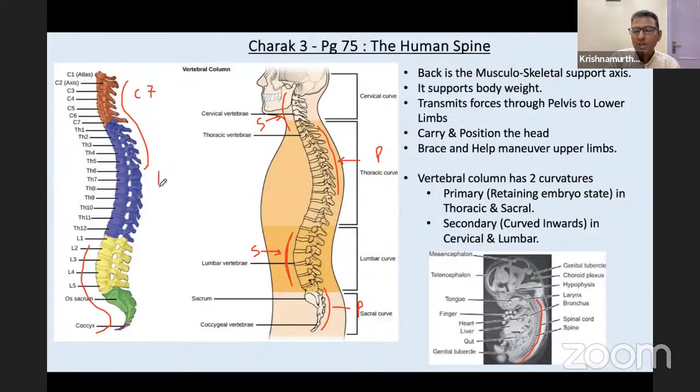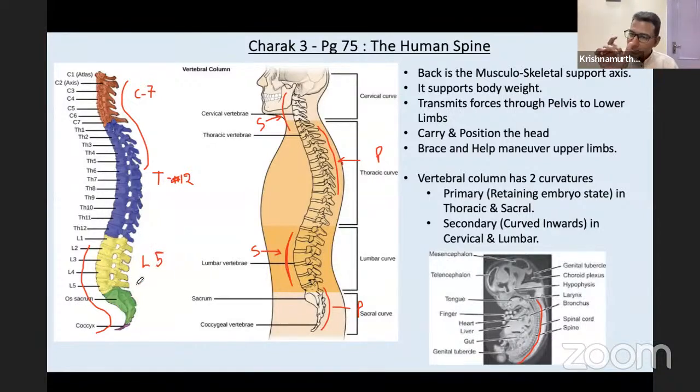Thoracic is the chest area, which has 12 bones. Next is the hip area, called lumbar. So lumbar has 5 bones.